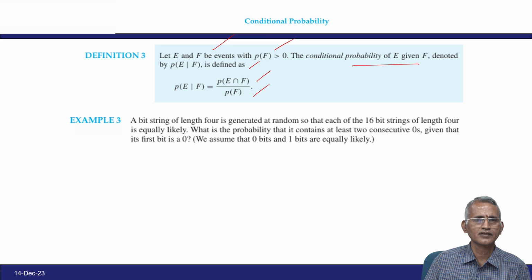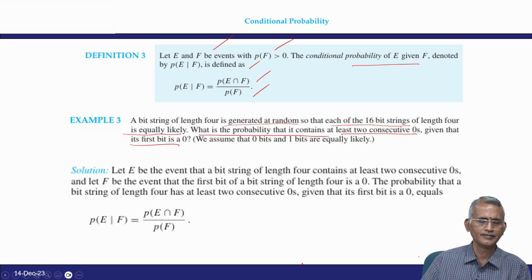Now, based on this, we have a problem. A bit string of length 4 is generated at random, so that each of the 16 bit strings of length 4 is equally likely. What is the probability that it contains at least 2 consecutive zeros, given that its first bit is a 0? Assume that 0 bits and 1 bits are equally likely.